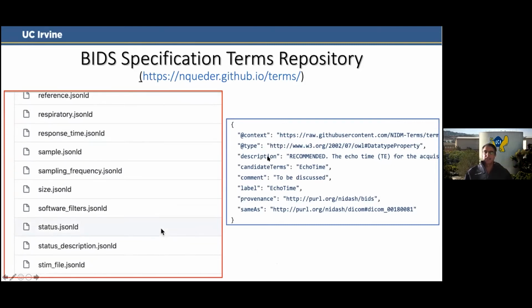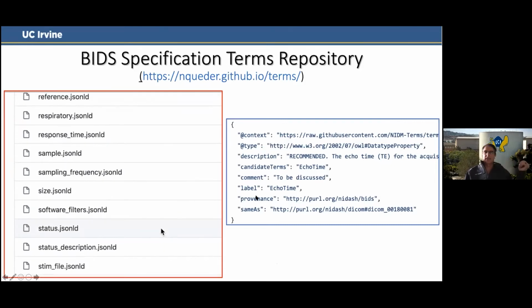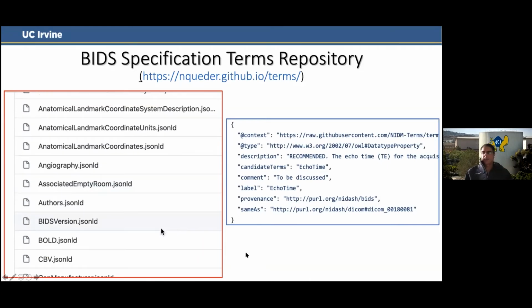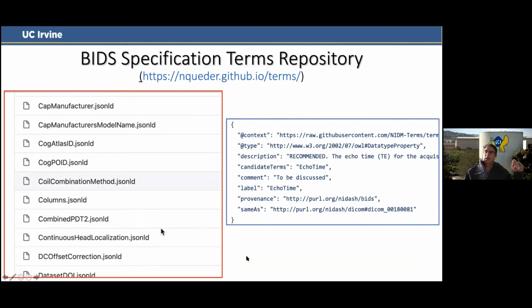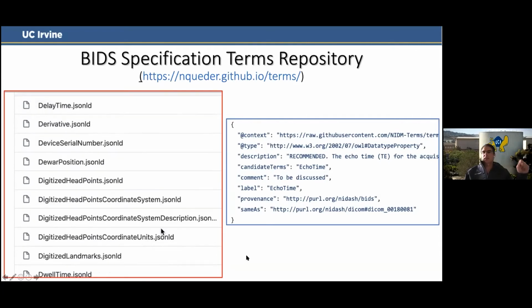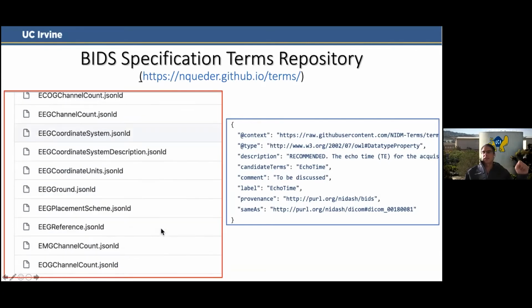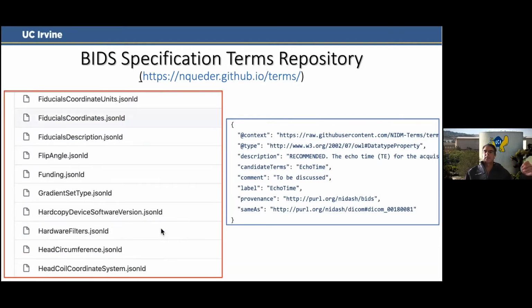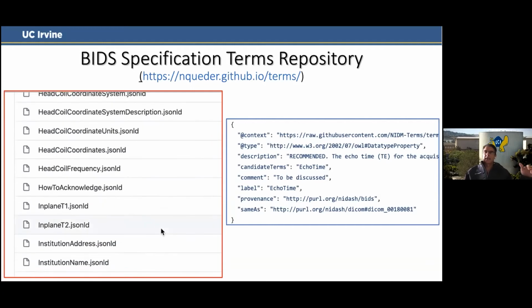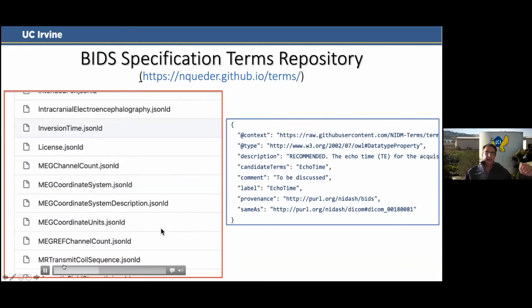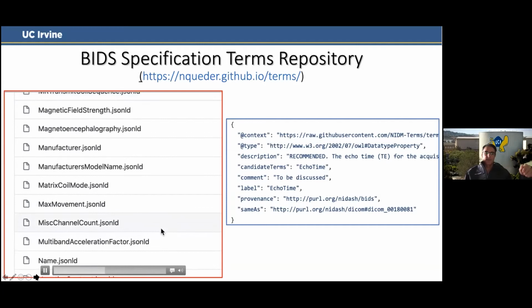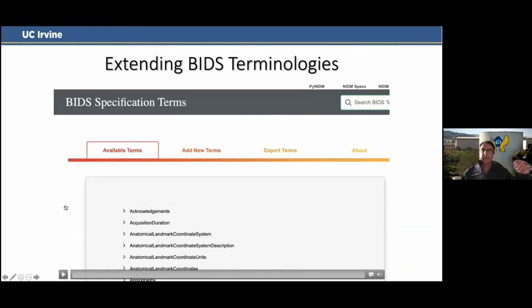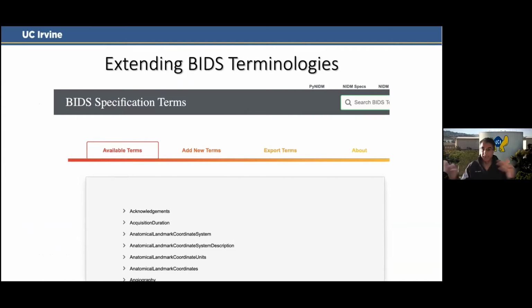The keys that I showed you in the previous slide with the properties are represented here in these JSON files. It goes into GitHub. The community has a discussion. The community makes sure that there aren't collisions with existing terms in the BIDS ecosystem. And at some point, they get merged in. At that point, they become formalized and get a URI.